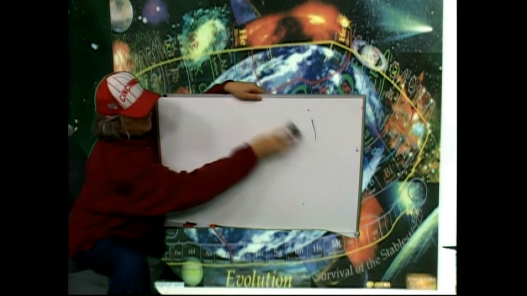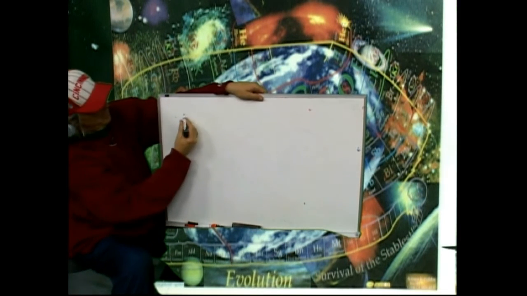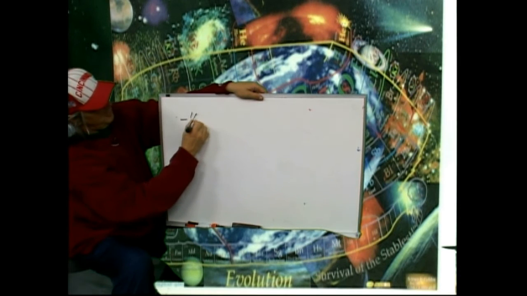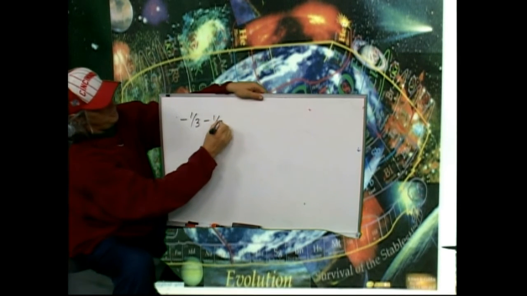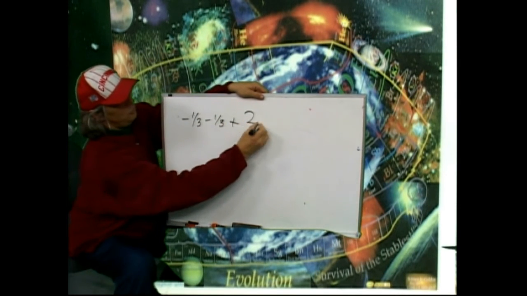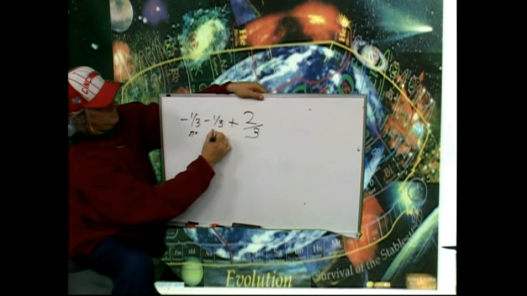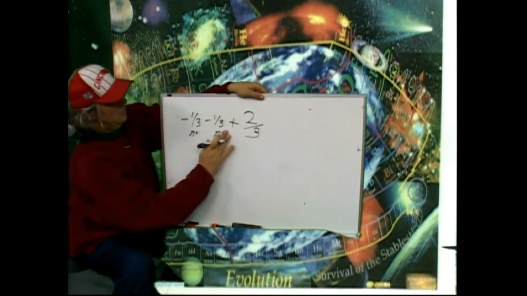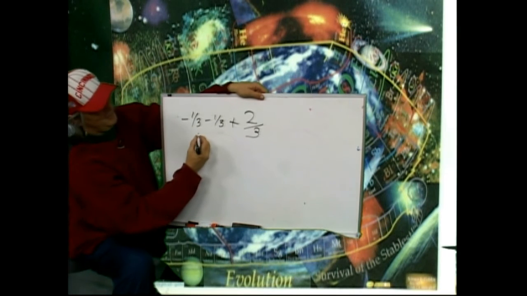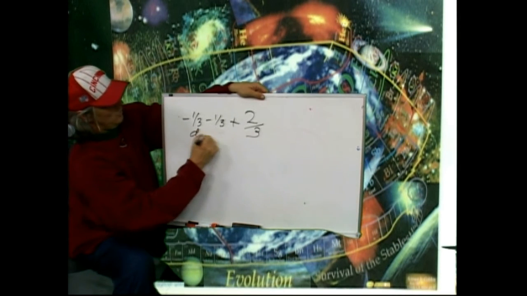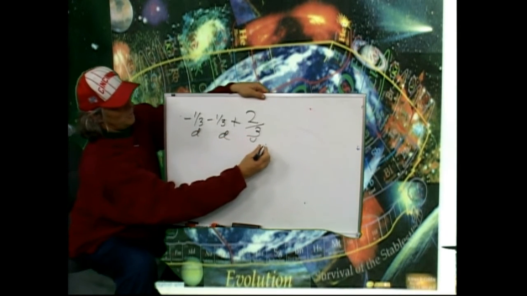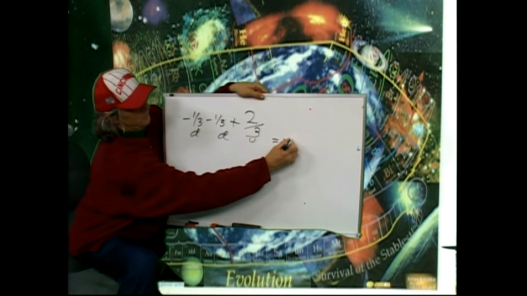This is our nuclear stuff when we're adding fractions. Remember what we were doing this for? Minus 1/3 minus 1/3 plus 2/3. That's the neutron, what am I saying? Not neutron. This is the down quark, down quark, up quark, which equaled the neutron.